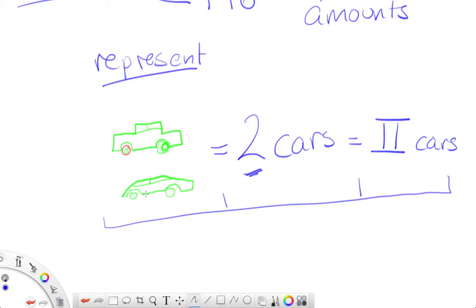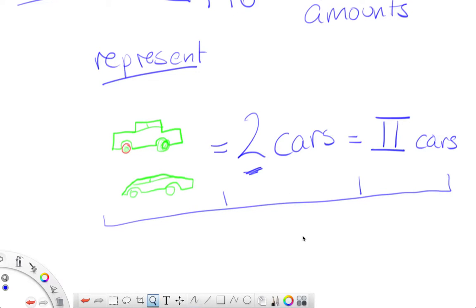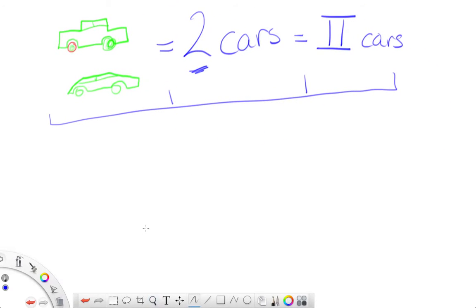I could represent a value by drawing the number of things. I could write it out using numbers. I could write it out using Roman numerals. Another example is you could write it in different languages. So if I want to write the number 1 in English, I can represent the number 1 by using that word.